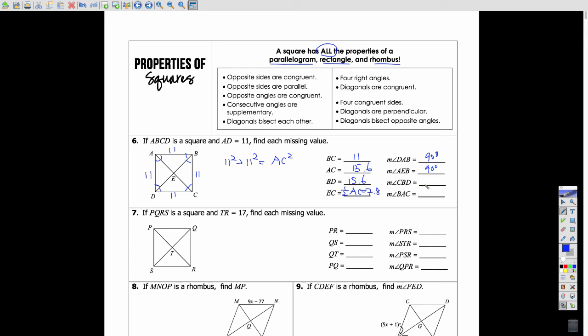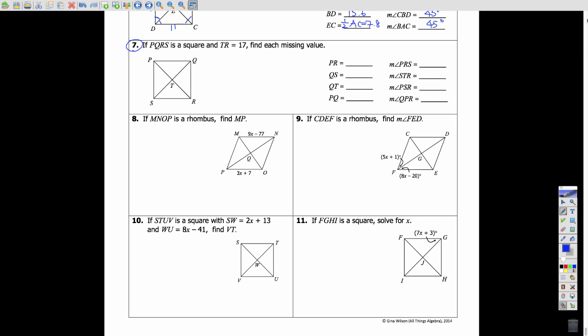Angle CBD is 45 degrees. And BAC is also 45 degrees. Okay? So I will leave number 7 for yourself to solve. Let me give you the answers here. Make sure you pause the video, and then come back and verify your answers.